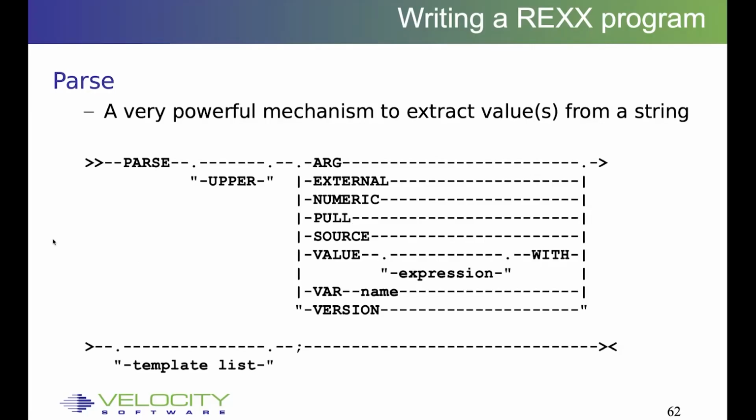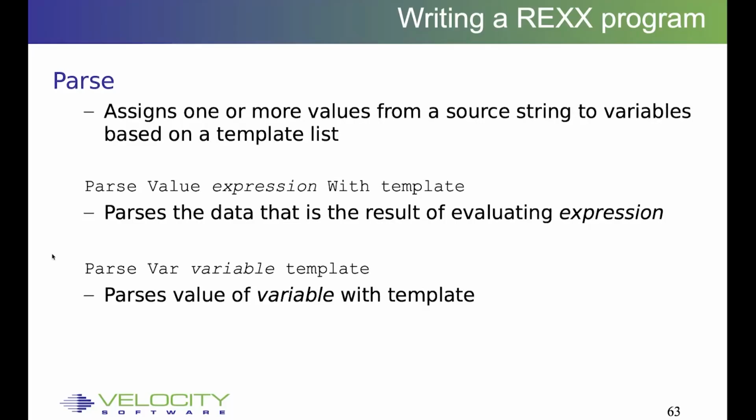The idea behind parsing characters is you specify a value. Here's the value clause. You specify an expression, which could be a variable, and give it the variable name. The template list is how the items are going to be parsed. We are going to discuss it all right here.